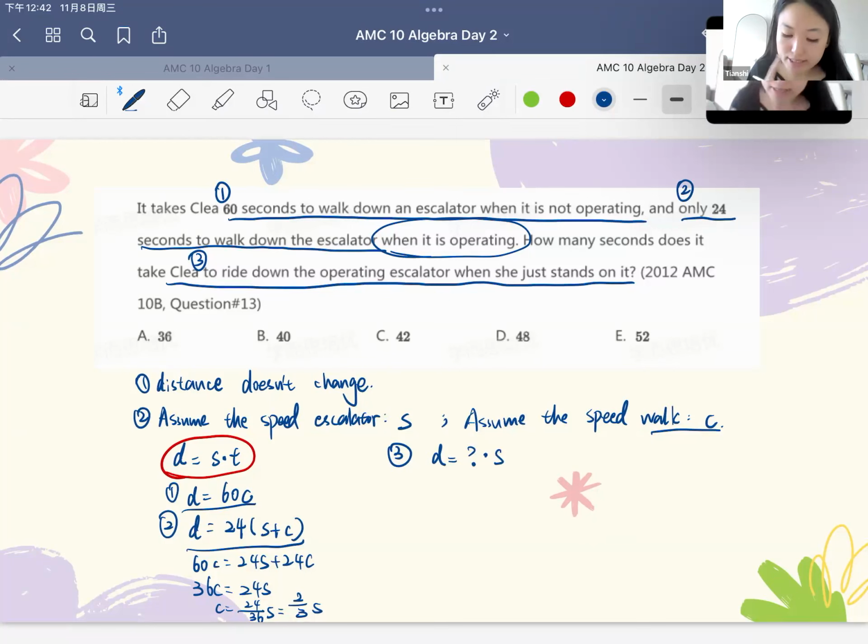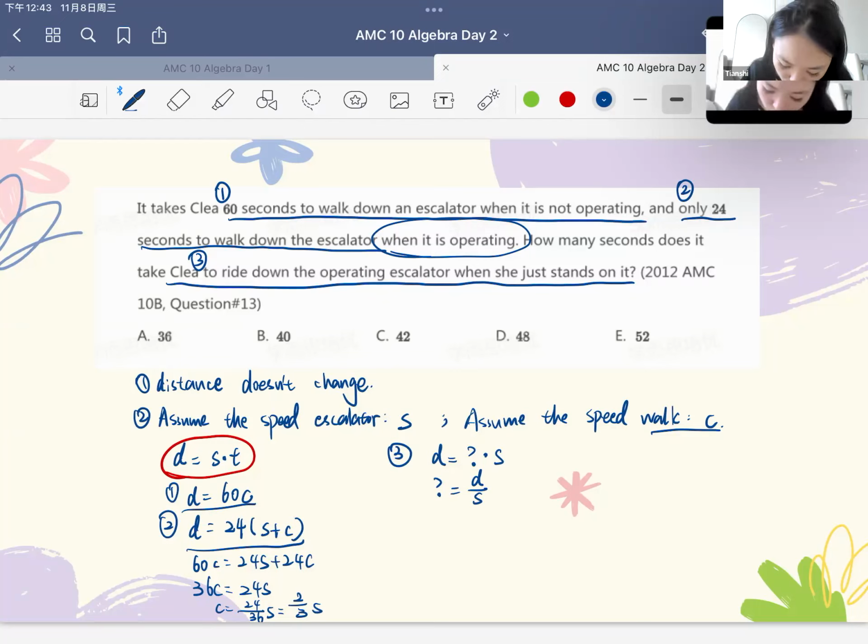Because this is the time when she just stands on it, so Clay does not walk. The distance equals speed times time, so the time equals distance divided by the speed. So let's talk about what the distance is and also what the speed is.